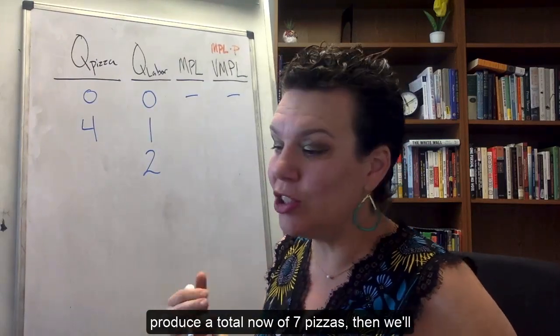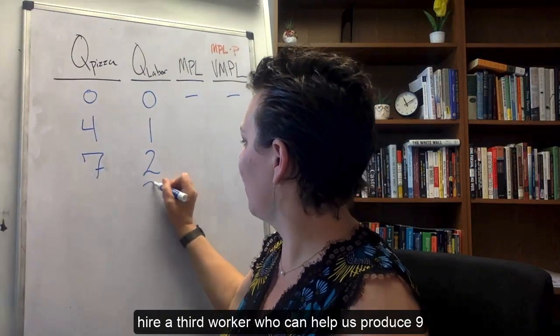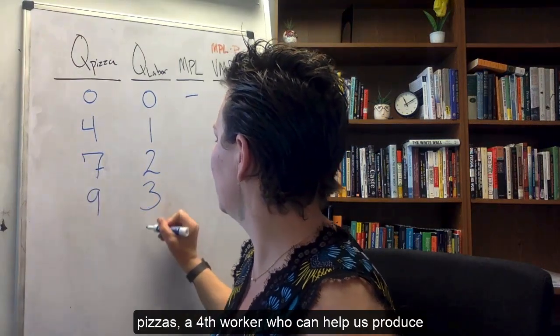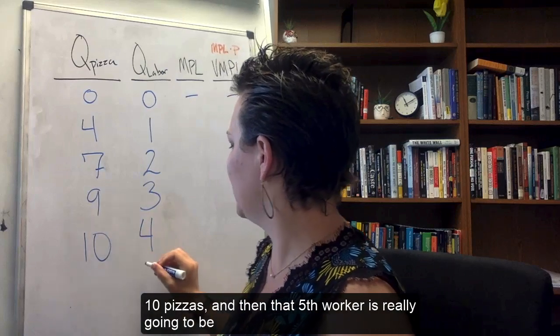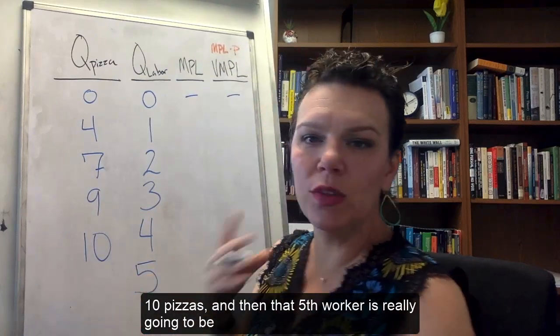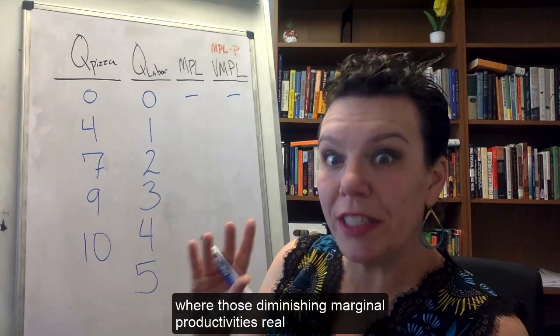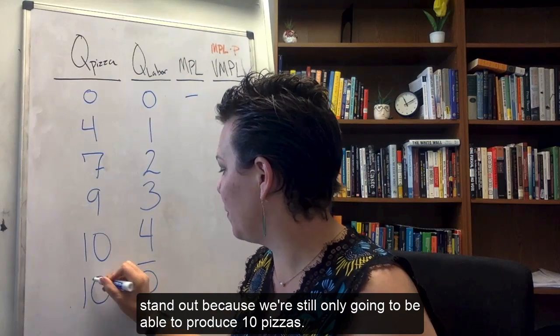We're going to be able to produce a total now of 7 pizzas. Then we'll hire a third worker who can help us produce 9 pizzas, a fourth worker who can help us produce 10 pizzas, and then that fifth worker is really where diminishing marginal productivity really stands out, because we're still only going to be able to produce 10 pizzas.